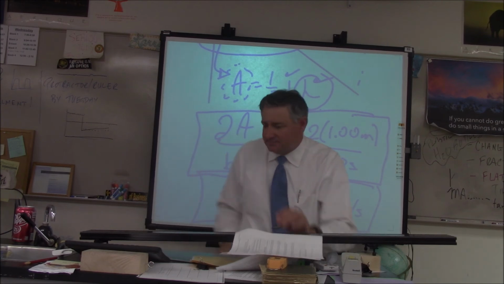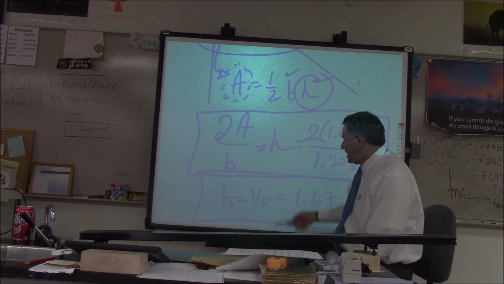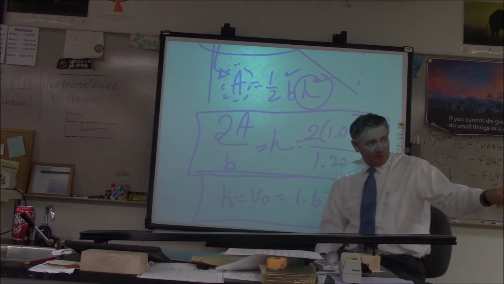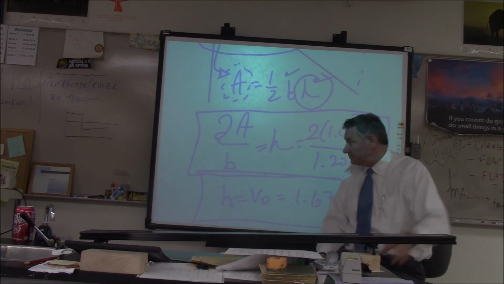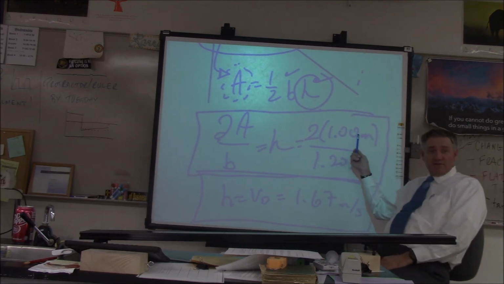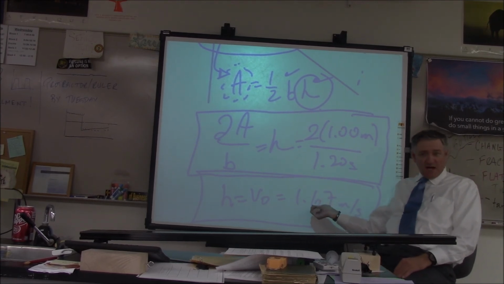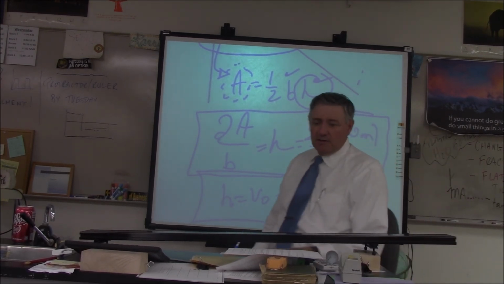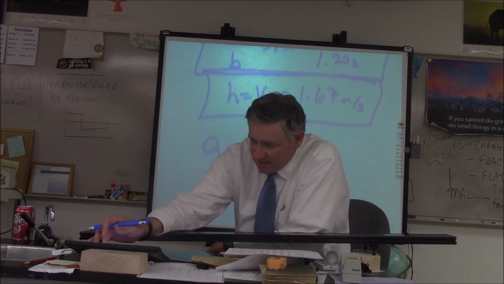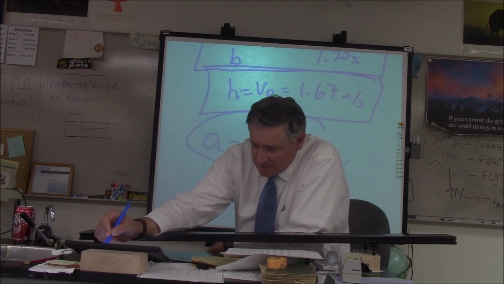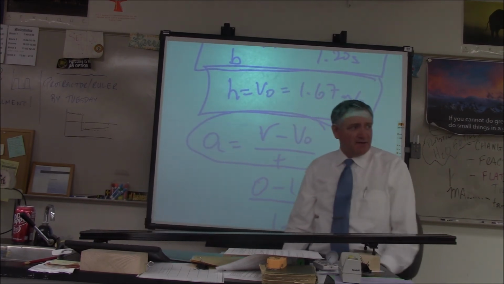Here's the equation solved for the height, which is my initial velocity: 2 times whatever your displacement is, divided by half your time. Boom, there's your velocity. And then on number 17, that's how you're going to calculate the acceleration.